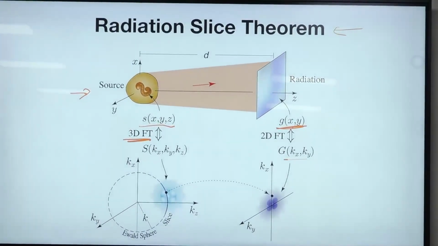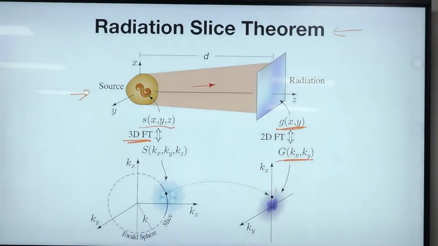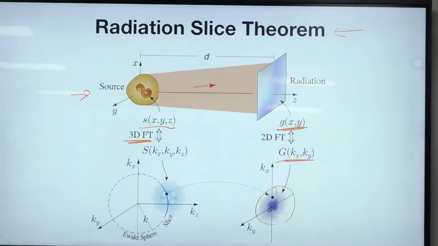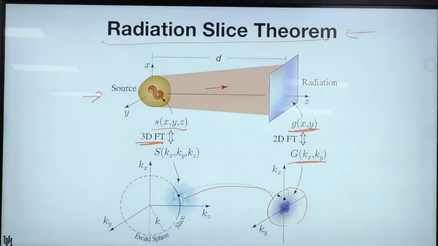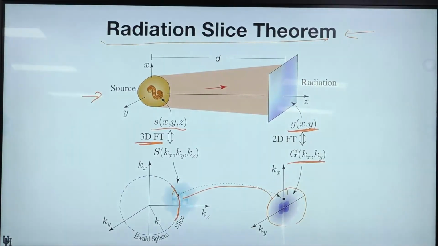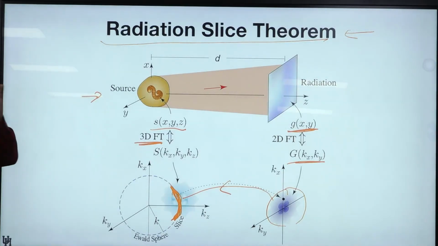The radiation slice theorem says that if you take the Fourier transform of the data, it lies along a curve, a kind of surface on a sphere in the Fourier transform space. So the Fourier transform of the data will actually be a curve inside the three-dimensional space.